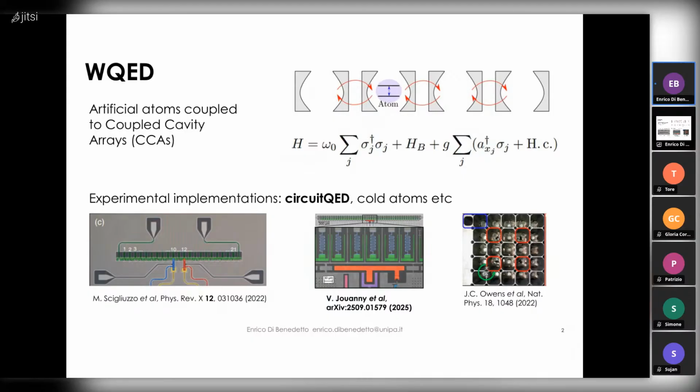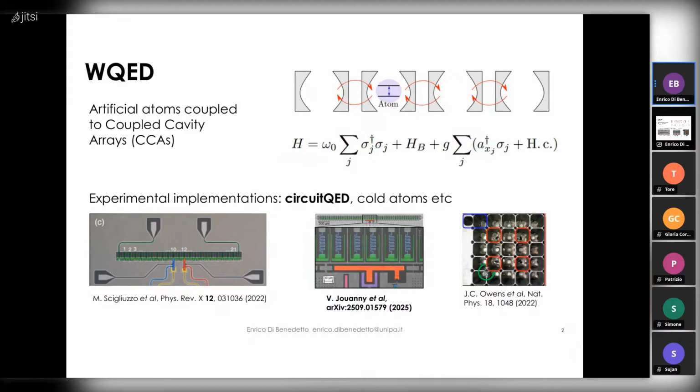For the sake of this work, the kind of modeling of the bath that I will take into account is the one of so-called coupled cavity arrays. A coupled cavity array is basically a periodic arrangement of cavities, so bosonic cavities, harmonic oscillator degrees of freedom, coupled to each other with a certain tunneling rate.